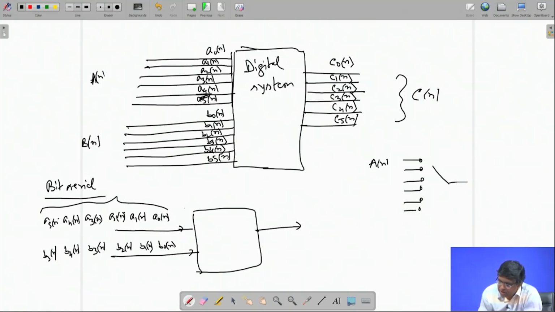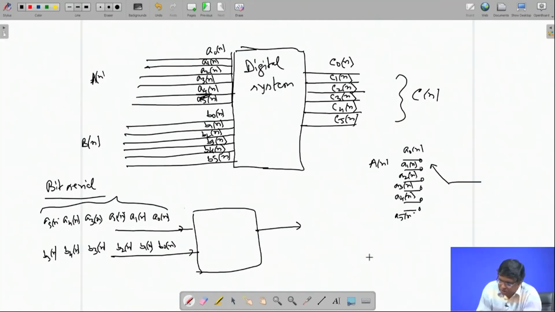And there is a switch or say commutator, it will first touch this, then this, then this, then this, then this, then this. Okay. So, you have got A0n that will first go in, then A1n, then A2n, all right.